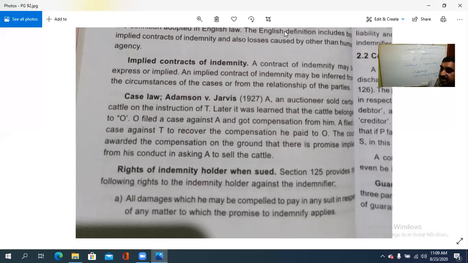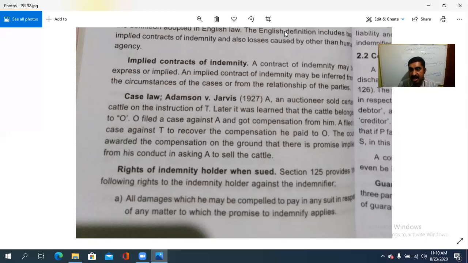There are some circumstances under which this is to be done, or the relationship between the parties. So A, the auctioneer, sold certain cattle on the instruction of T, to some other person. Actually the cattle belonged to O. In such a case, O filed a case against A and got compensation from him.